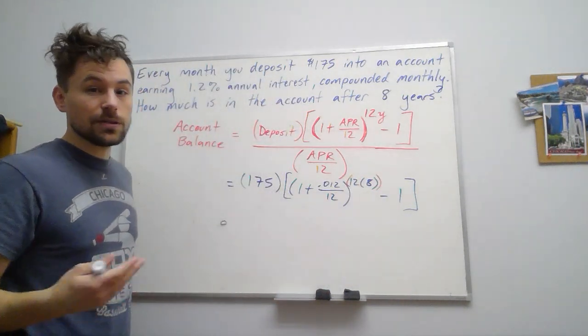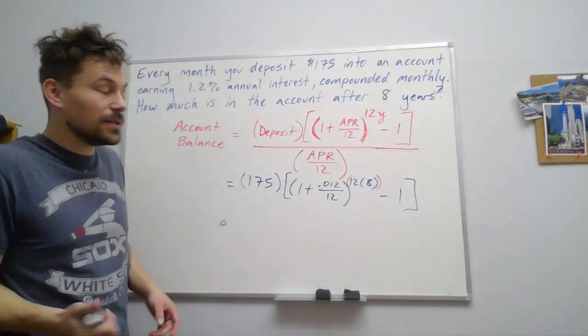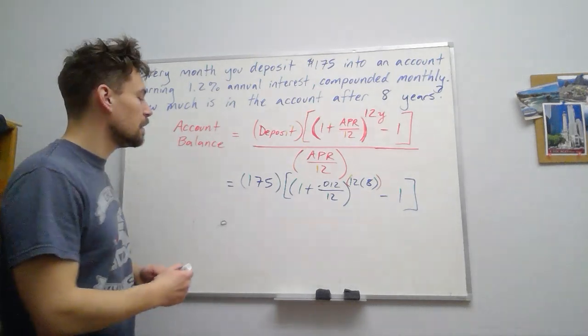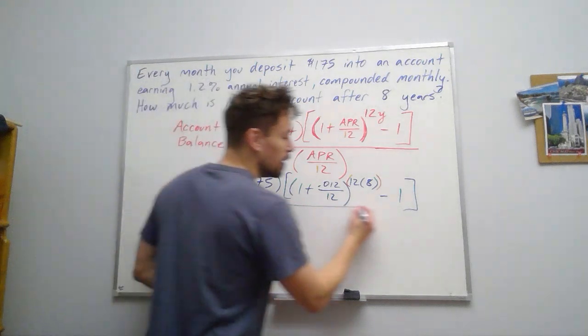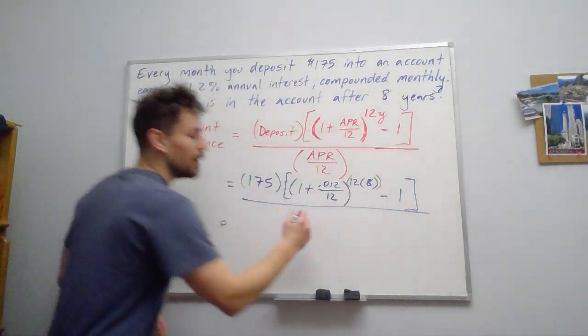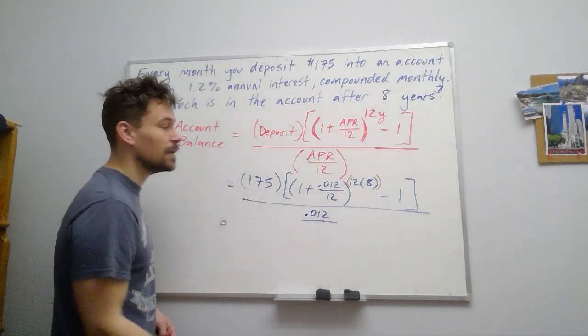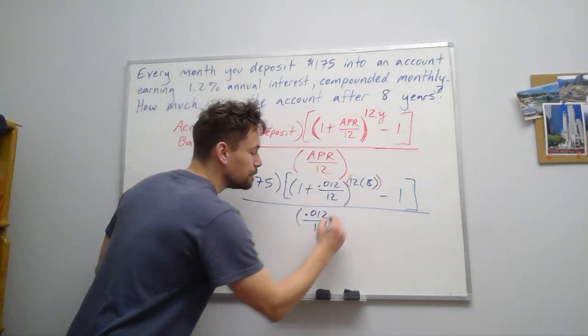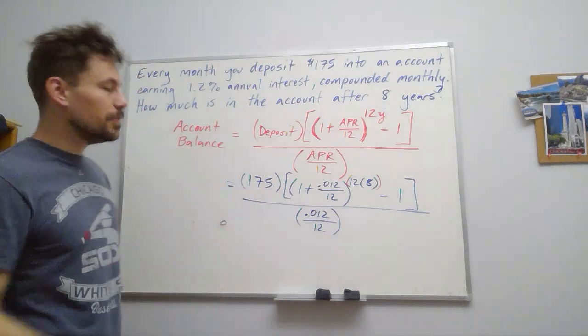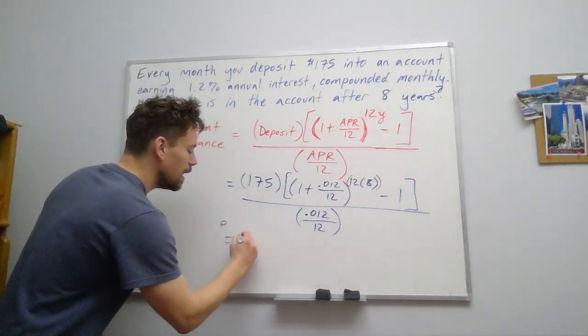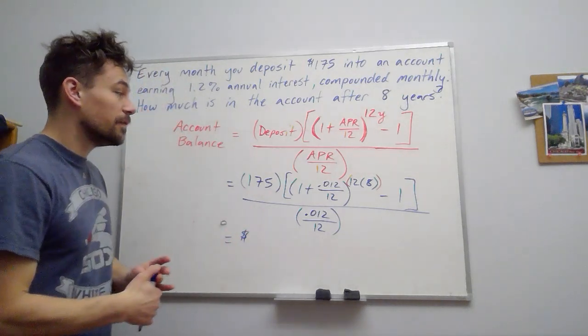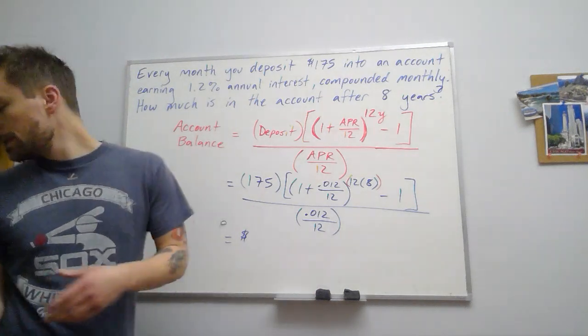You generally won't get in trouble having too many parentheses. You could get in trouble having too few. Okay, so that's all in the numerator. And then we want to divide it by our APR, again 0.012, so turn it into a decimal, divided by 12.